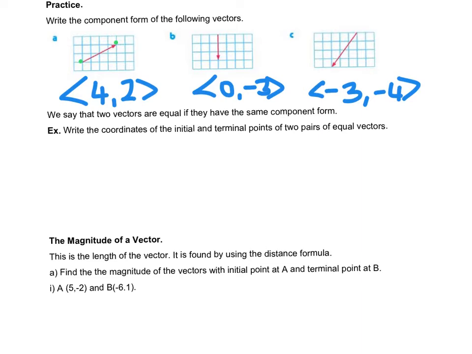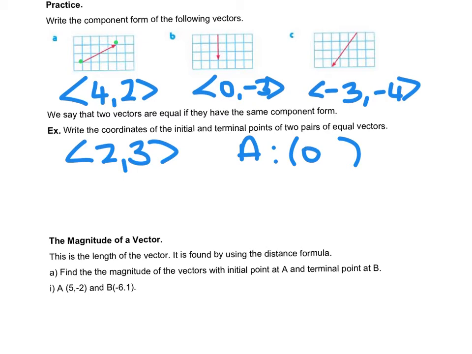So let's just say, for example, we want to write two vectors that have component form 2, 3. So we'd say vector A could start at 0, 0 and end at 2, 3. So A has initial point 0, 0 and terminal point 2, 3, which means its component form will be 2, 3.